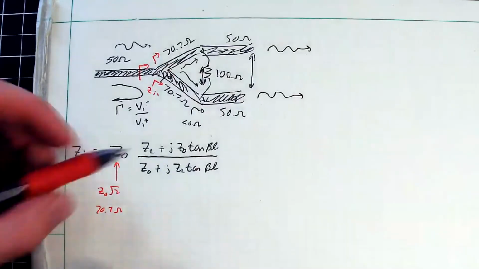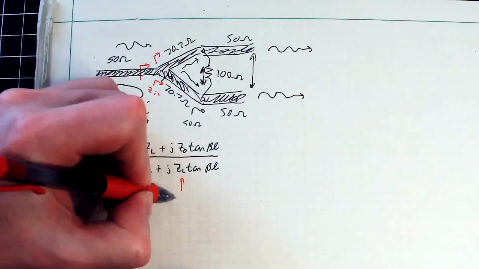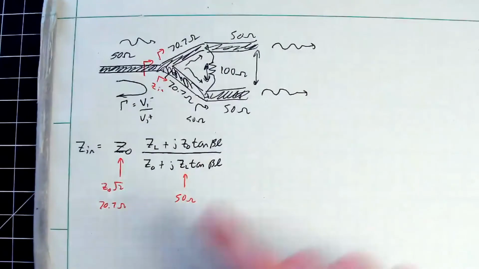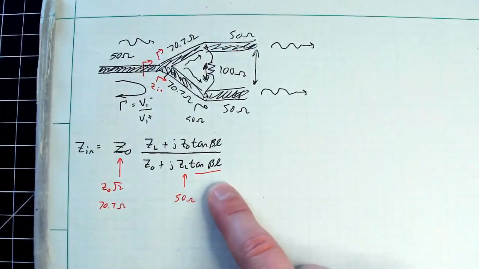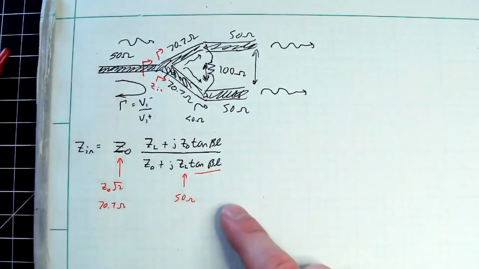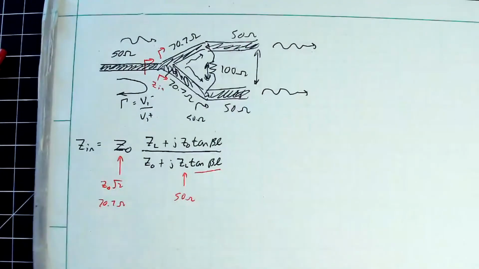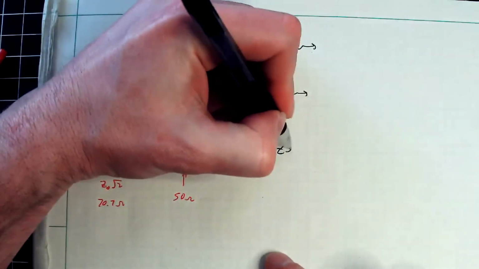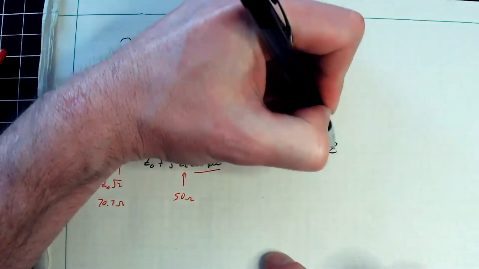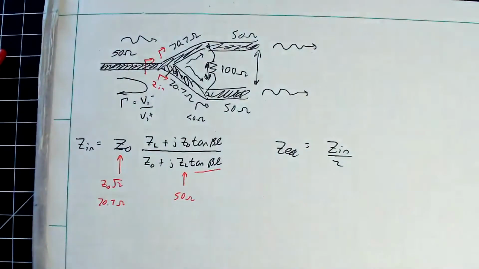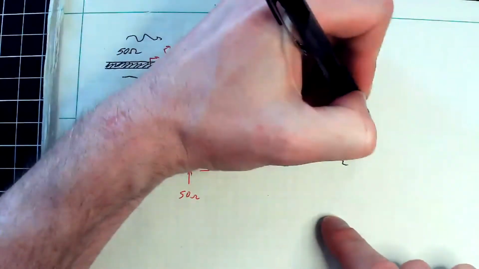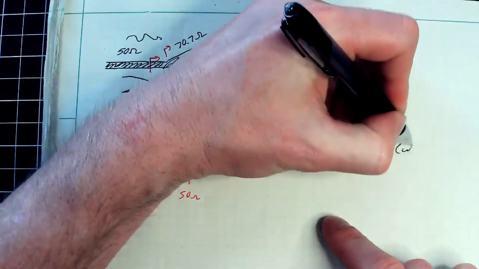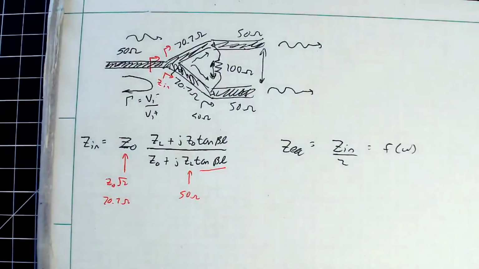The load ZL is just 50 ohms. And this is the thing that's going to vary with frequency. Ideally it should be perfectly symmetric, so my equivalent impedance will just be Z in divided by 2. Whatever that number is, that's my equivalent input impedance, which you can think of as a function of frequency.